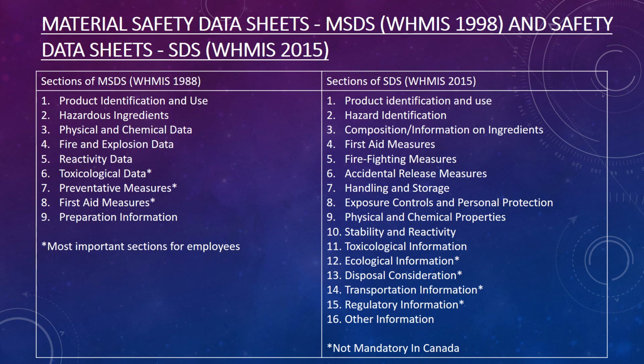Sections of Safety Data Sheets, WHMIS 2015. 1. Product identification and use. 2. Hazard identification. 3. Composition and information on ingredients. 4. First aid measures. 5. Firefighting measures. 6. Accidental release measures. 7. Handling and storage. 8.